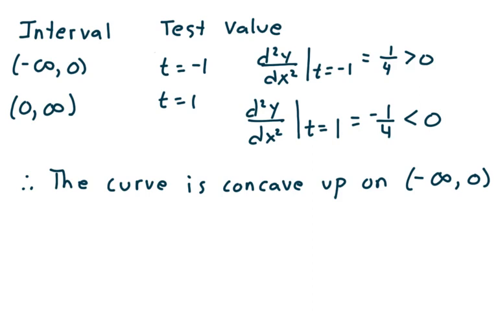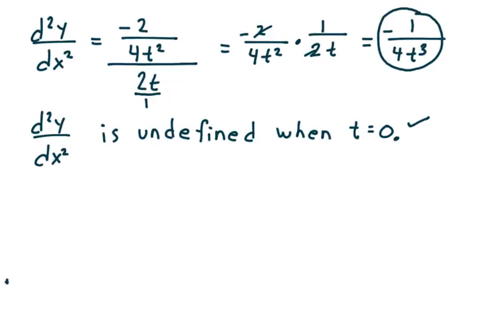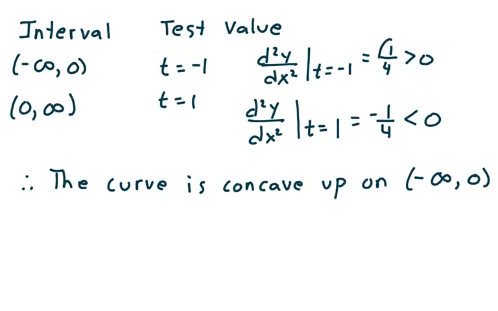And the second derivative of y with respect to x evaluated at t equal negative 1. So notice if I replace t with negative 1, negative 1 to the third is negative 1. And negative divided by negative is a positive. And so notice how I get 1/4, and that's positive, okay? So think concave up on the interval negative infinity to 0.